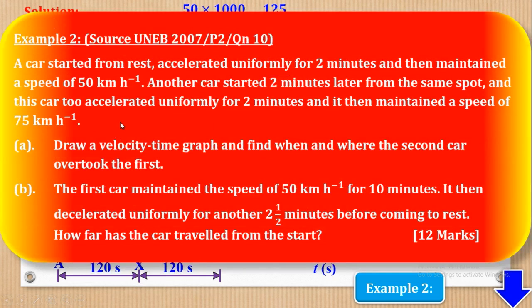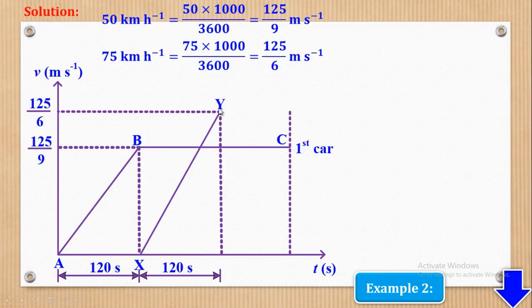Then from there, they say that the car then maintained a speed of 75 kilometers per hour. So that means that from this point it is going to maintain a speed of 75 kilometers per hour, which is 125 over 6 meters per second. So this is the motion for the second car, and this is the motion for the first car.